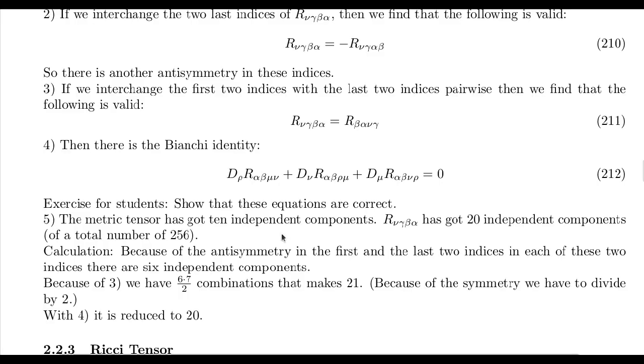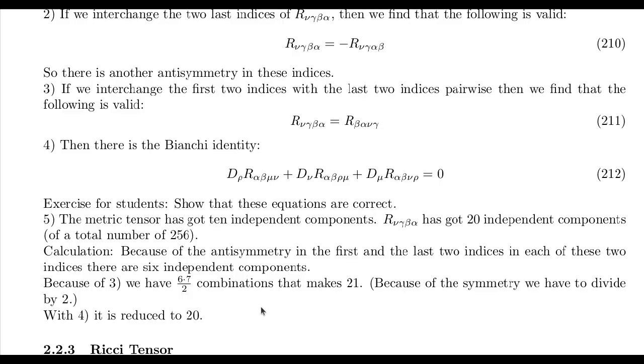How can we calculate that? Because of the symmetry in the first two indices, we have only 6 independent components. And because of the antisymmetry in the last two indices, we have also got 6 independent components. So that means we have 6 times 7 combinations. That makes 42.